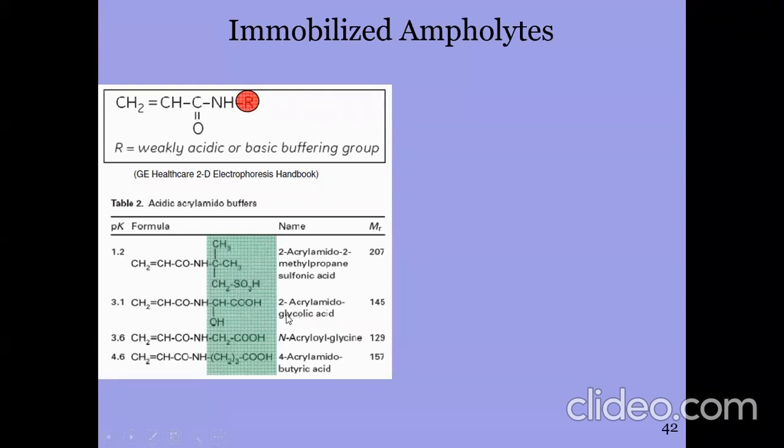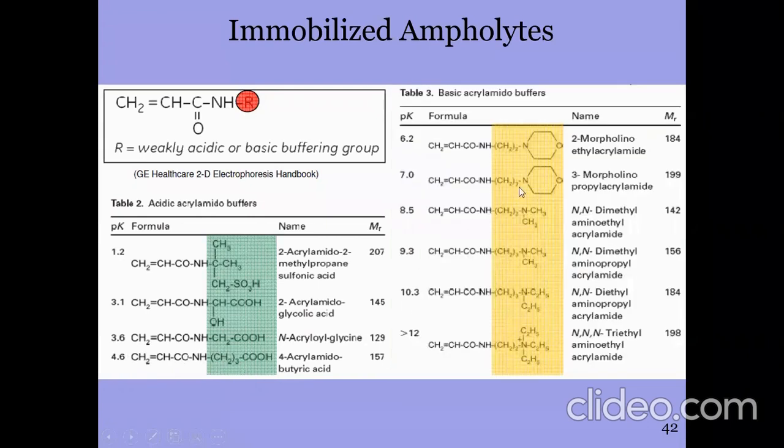Here you can see 2-acrylamido glycolic acid, N-acryloylglycine, and 4-acrylamido butyric acid. This is butyric acid, and at the fourth carbon the acrylamido group is there.